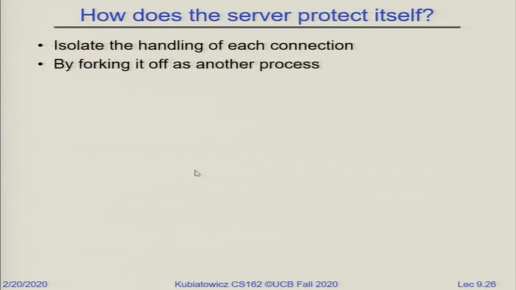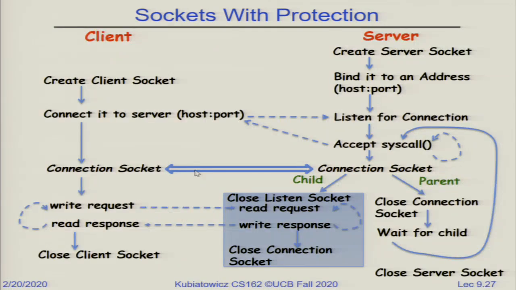Okay, let's finish this up a little bit. How does the server protect itself? We want to isolate the handling of each connection by forking off another process. All I've done that's a little different is that once I accept the connection socket, I fork, and the child does the communication. The parent waits until the child exits, and then it goes back and accepts another.